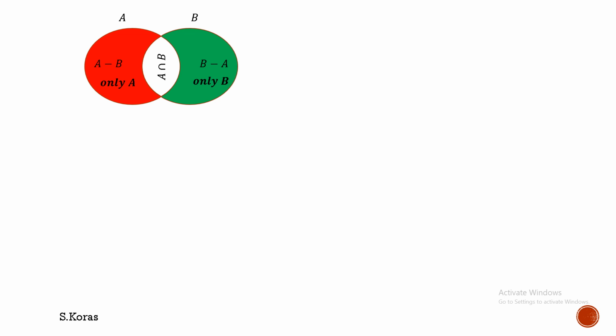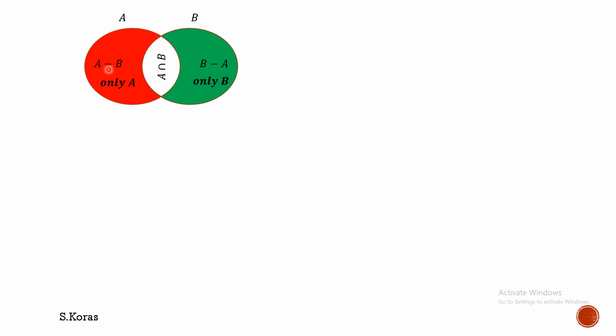Let us consider this set A. First, just consider this set A alone. If we split this set into two disjoint sets, the first set will be A difference B and the next set will be A intersection B. Both are totally disjoint.